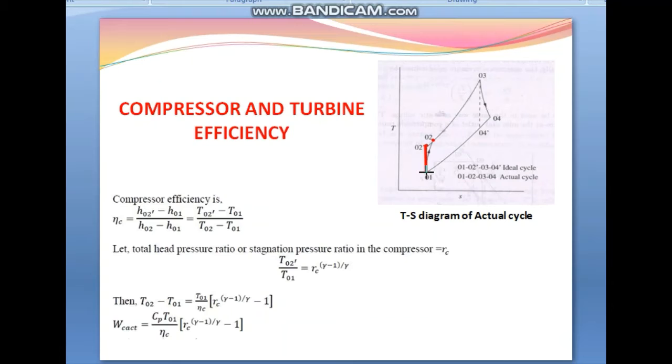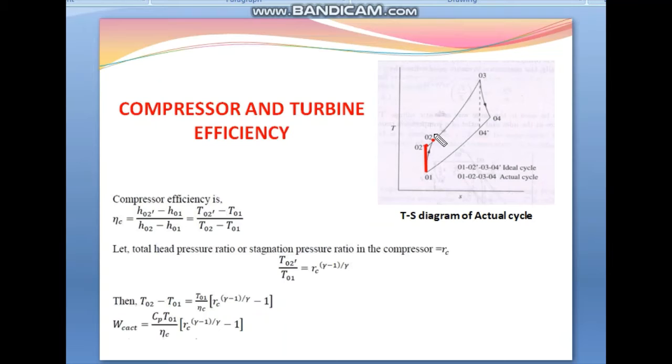The straight line 1 to 2 dash is a constant entropy, reversible adiabatic process, and 1 to 2 is the irreversible adiabatic process. So from this diagram we can see that the temperature at 2 is higher than at 2 dash, which is the temperature that would have been reached by isentropic compression over the same pressure ratio.